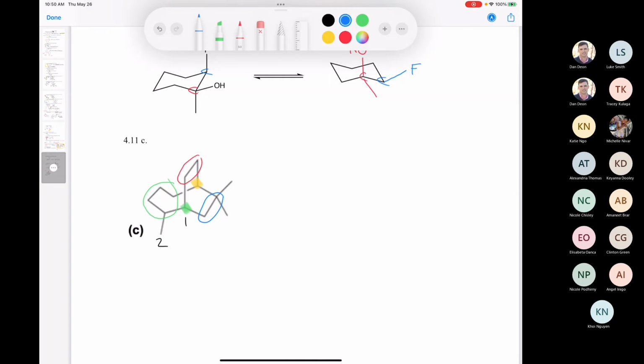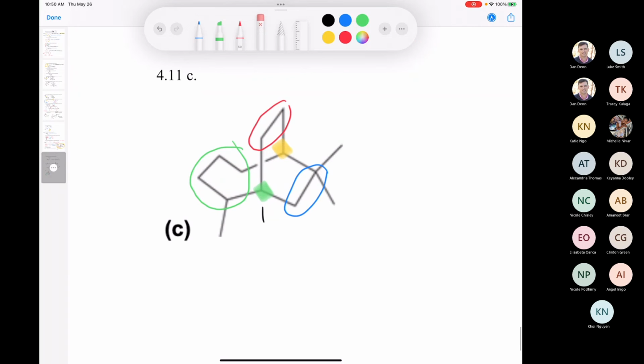If I had started at the yellow carbon, I'd have 1, 2, 3, 4, 5. I'd give the first substituent the number 5, which isn't the lowest possible number. So I've numbered my first one. So I have 1. Let me just delete that. There we go. So I have 1, 2, 3, 4, 5, 6.